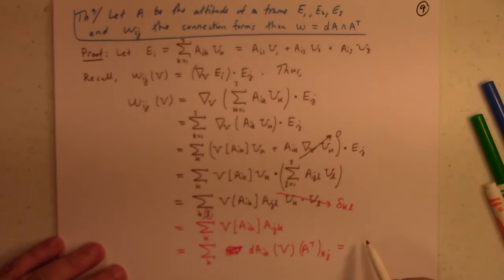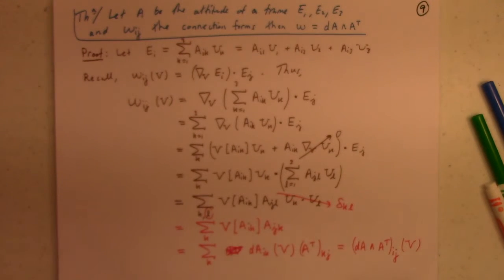Aha, matrix product. So I can drop the k because it's the matrix product. What I really have is dA wedge A transpose, the ijth component of that, and that's acting on V. I'm defining a matrix of forms acting on a vector field to be each component form acting on the vector field, put together in a matrix in the natural way.